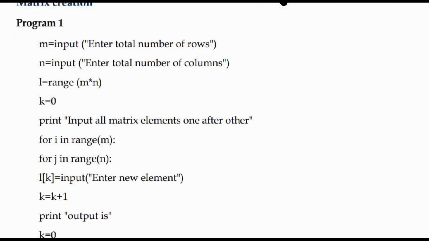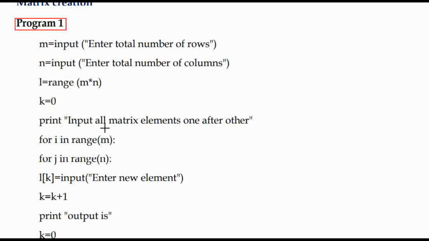Matrix creation. How will you create a matrix? One program is given to you to create a matrix. M is equal to input, enter total number of rows. N is equal to input, enter total number of columns. L equals range M multiplied by N, K is equal to 0.